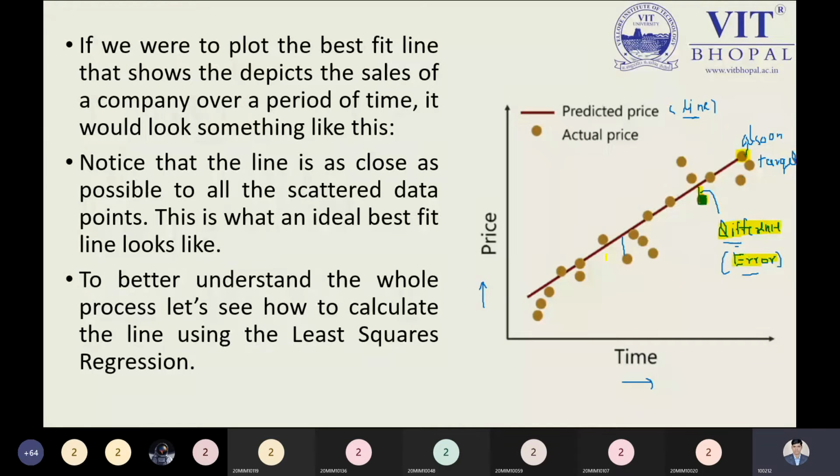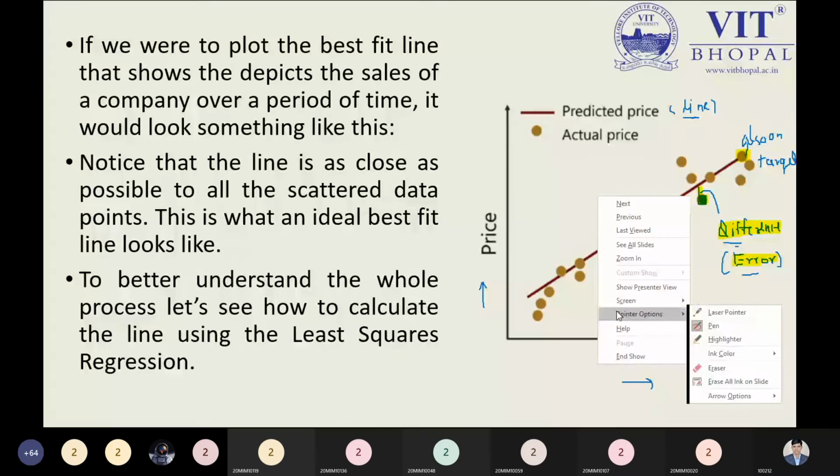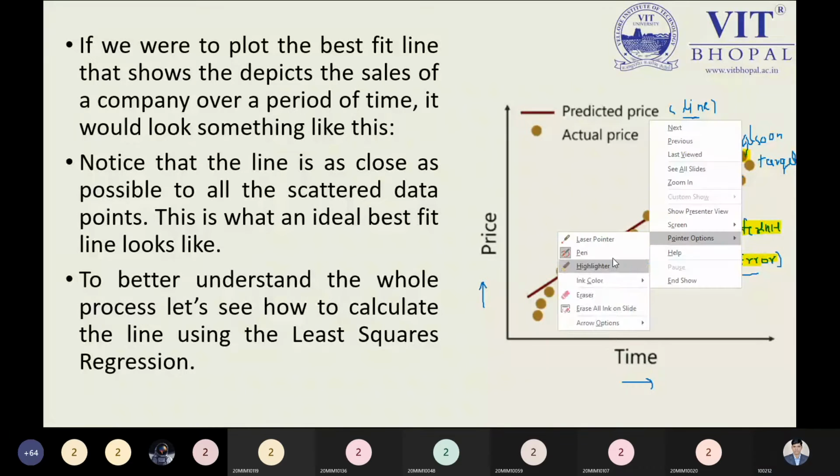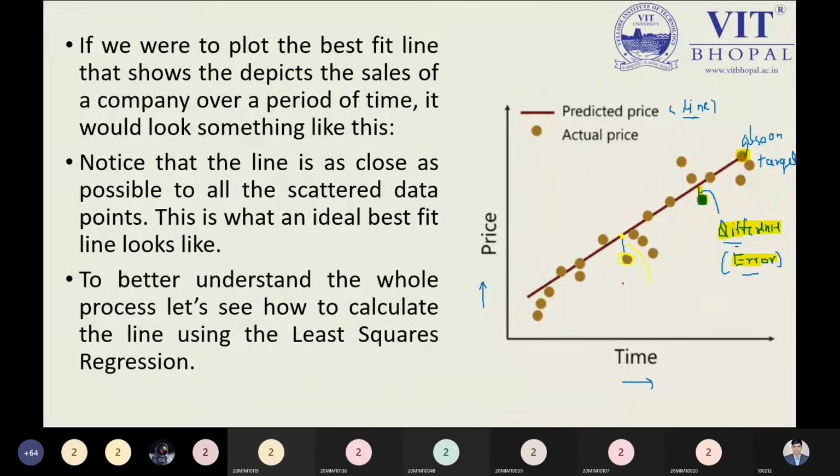Look at this data point. I can mark this other one. Yes, this is our actual data point, but based on the predicted points, it should be on the line.